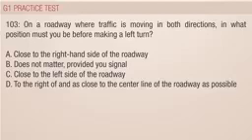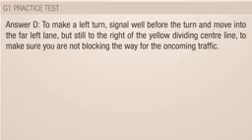D. To the right of and as close to the center line of the roadway as possible. Answer D. To make a left turn, signal well before the turn and move into the far left lane, but still to the right of the yellow dividing center line, to make sure you are not blocking the way for the oncoming traffic.